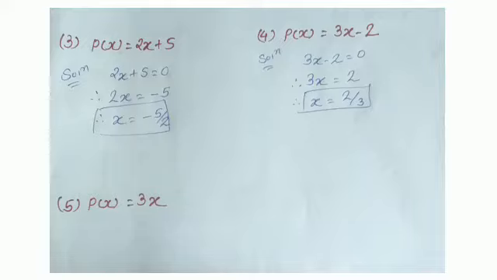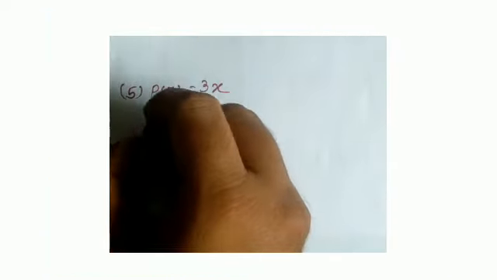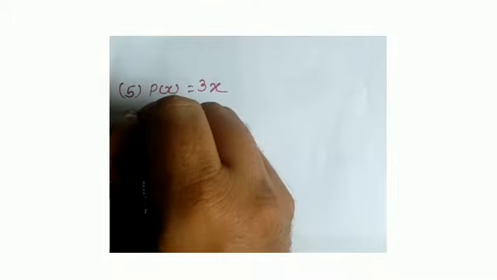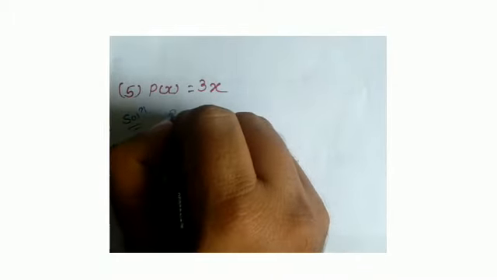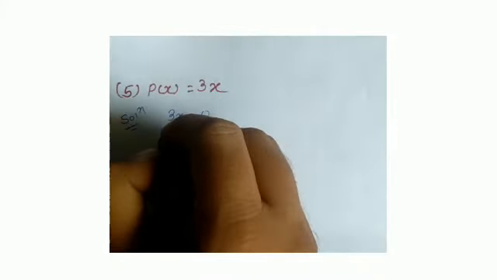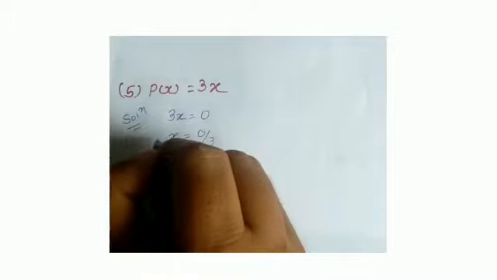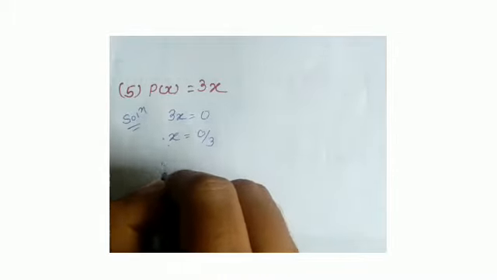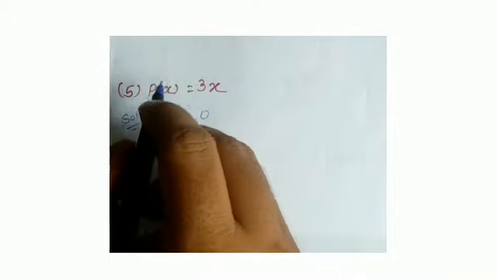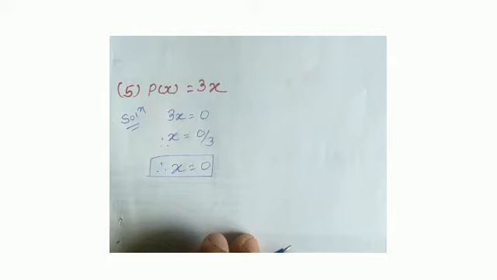Now fifth one, P of x is equal to 3x. So the solution is 3 times x is equal to 0. So x equal to 0 upon 3. So 0 upon 3 is equal to 0. So the zero of this polynomial is 0.